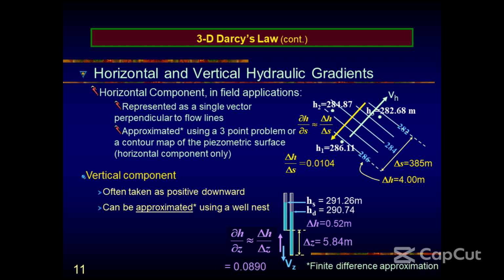Yeah, the phreatic surface can also be considered as water table, can be called water table. But then there could be certain instances that they may not be the same.